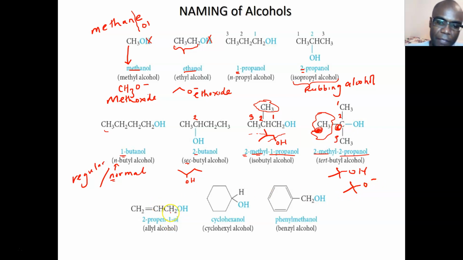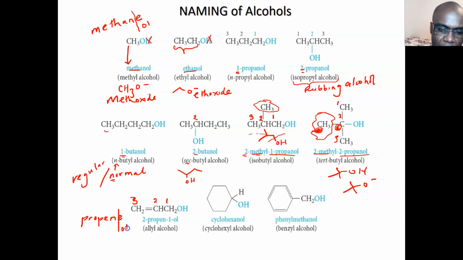What if you have a double bond? Would you prioritize the OH or the alkene? Turns out the OH is prioritized over the pi bond. Okay, so now it's still propanol, but it's supposed to be propene because it's an alkene.